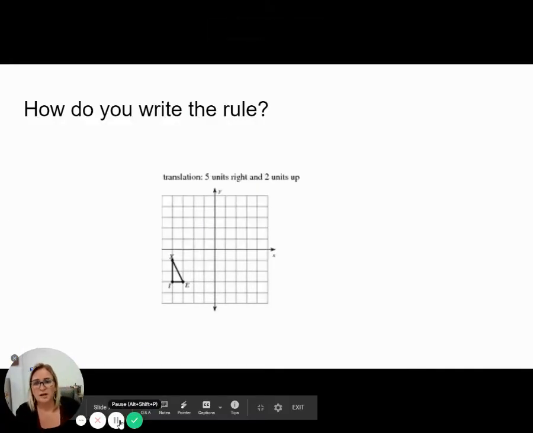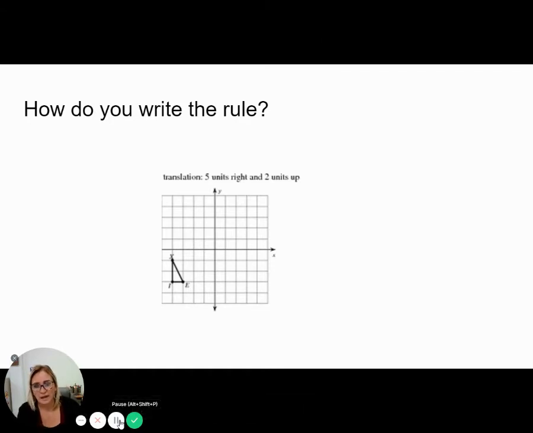Okay, so now we're going to talk about how you write the rule. Okay, so we're going to find our figure first, and then we're going to use that guideline that I gave you guys that has how you write rules at the beginning of this slideshow. Okay, so first of all, we are going 5 units to the right.